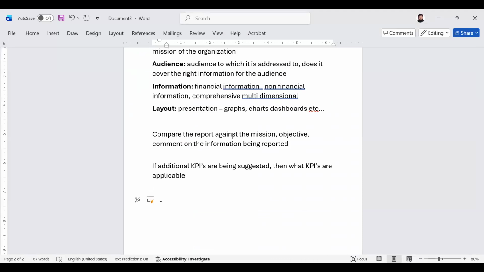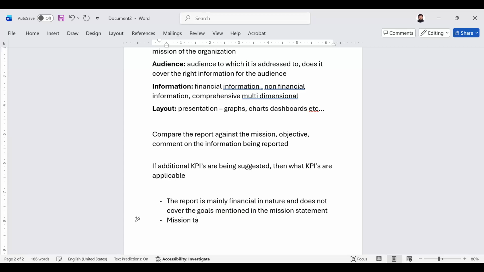First of all, the report is mainly financial in nature and does not cover the goals mentioned in the mission statement. So that's one thing: it does not cover the things which are mentioned in the mission statement.